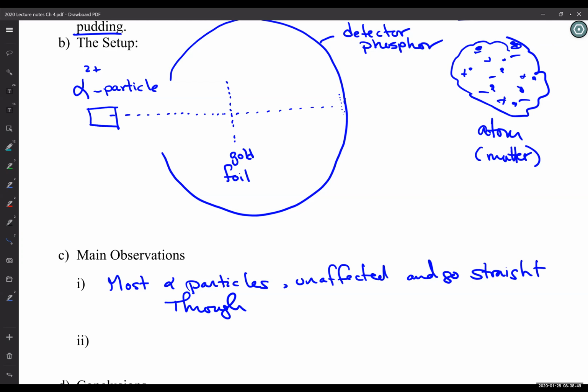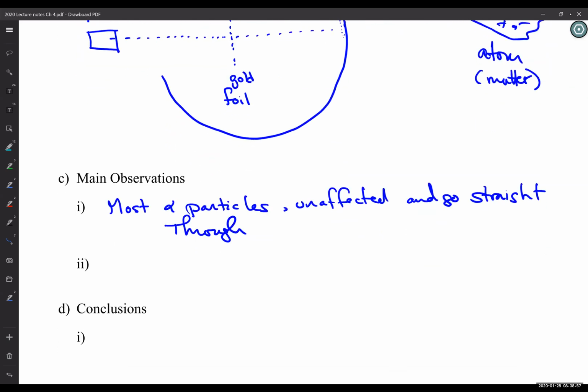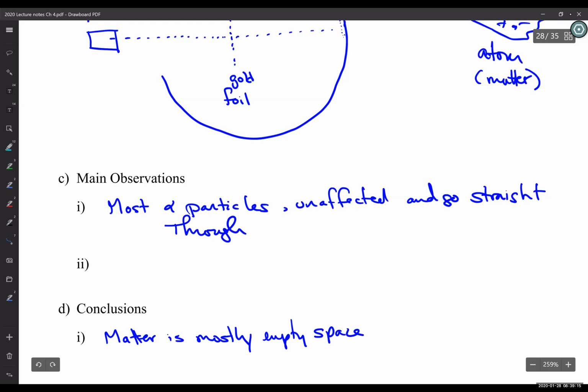So it doesn't exactly conform to the plum pudding model, because there's nothing there, okay? So the first conclusion: matter is actually just mostly empty space. It comes directly from that idea that that's happening, okay?